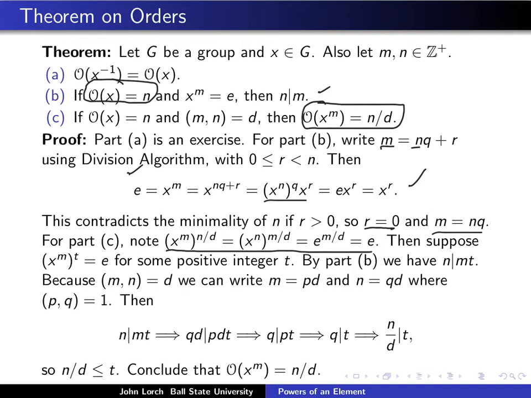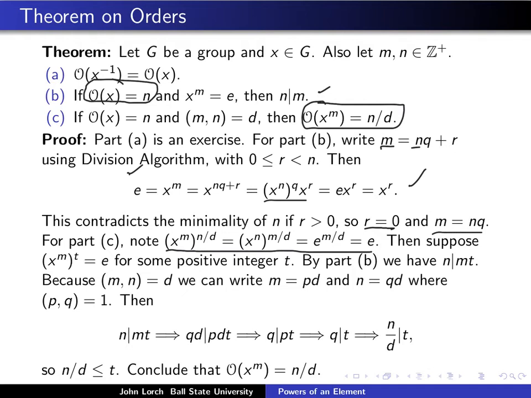So now let's suppose that we have some positive integer t, where x to the m raised to the tth power is the identity. From part B, we know that n must divide evenly into m times t.